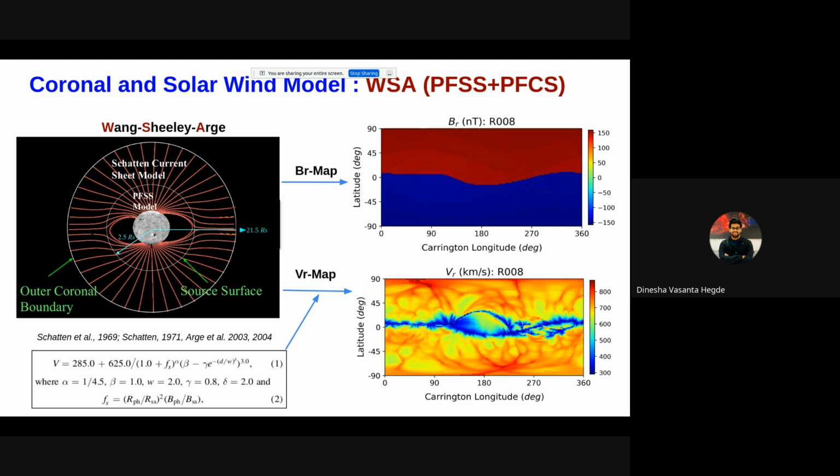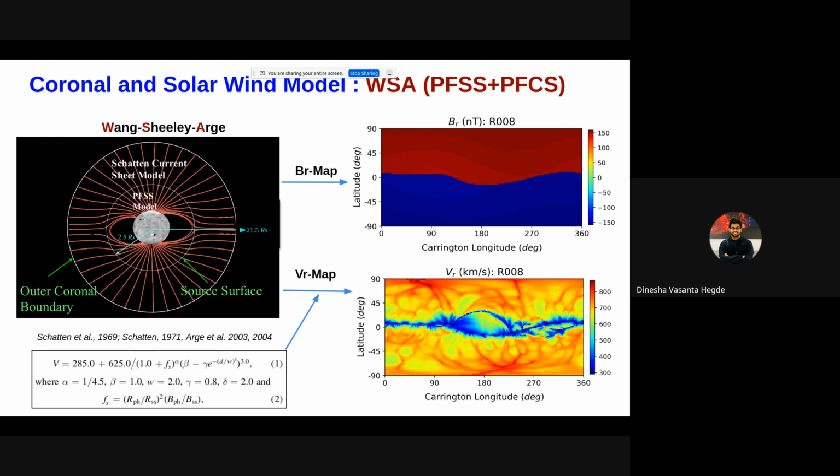As you can see, for each ensemble member, the BR map shows the change in tilt and position of the current sheet, but for the velocity, it makes a difference in all locations. The size of the slow solar wind patch, the fast solar wind blobs, and many things change just because of the supergranular distribution changes, and because of that uncertainty.